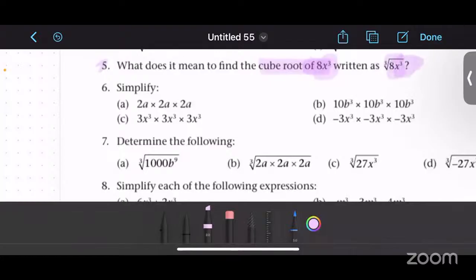This is in words and this is in numbers. This is how you call it, cube root of 8x to the power of 3. So they're asking what does it mean to find the cube root of that? They just want you to tell them how you are going to find the cube root of 8x to the power of 3.